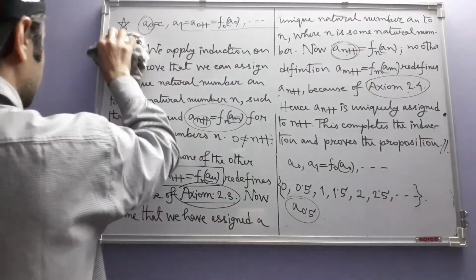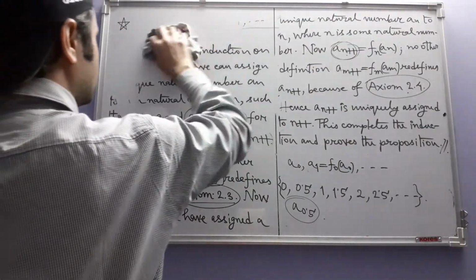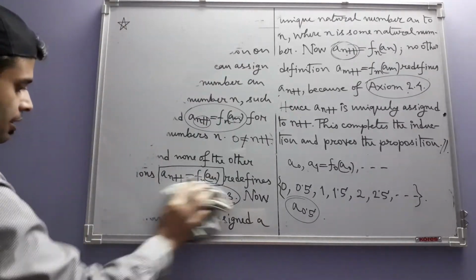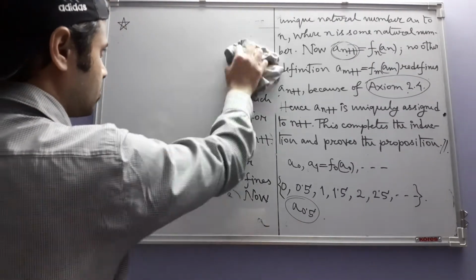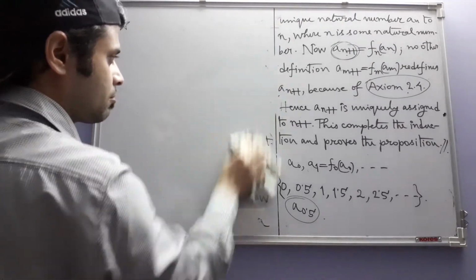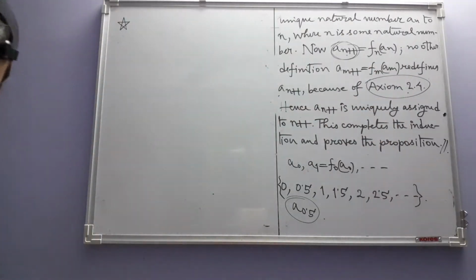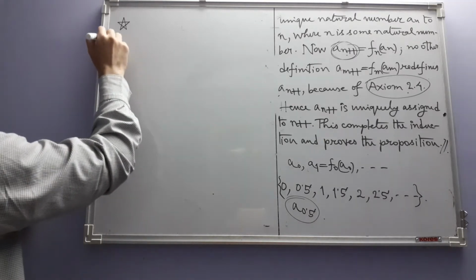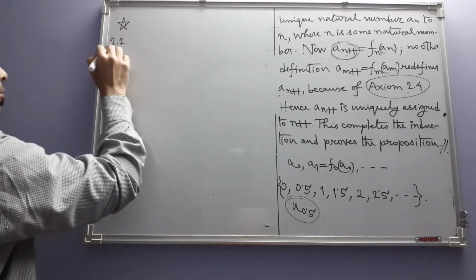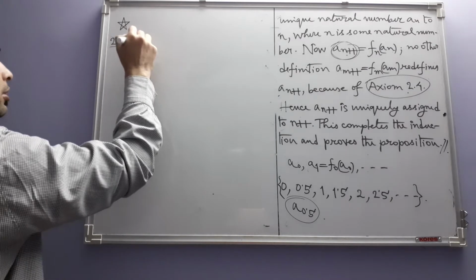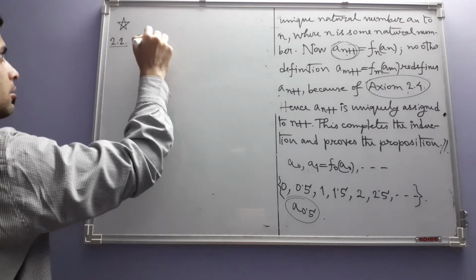Now we start our second section of the second chapter. The second section is 2.2. The title is addition.